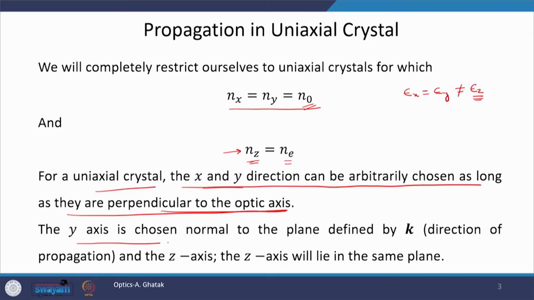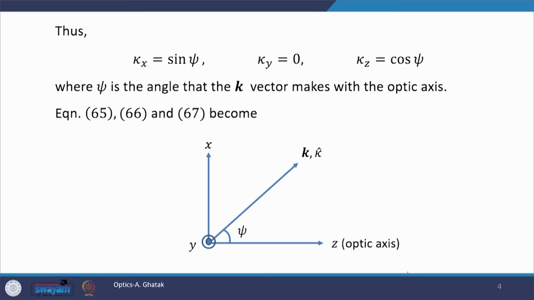The y axis is chosen normal to the plane defined by k, the direction of propagation, and the z axis, which lie in the same plane, as given by this figure. This is the direction of the z axis, this is the direction of k, and the y axis is perpendicular to the plane.